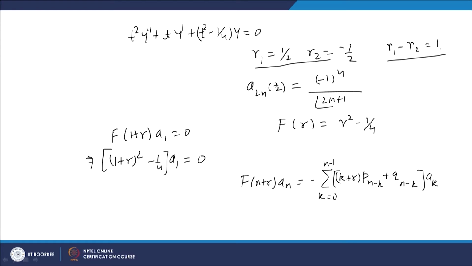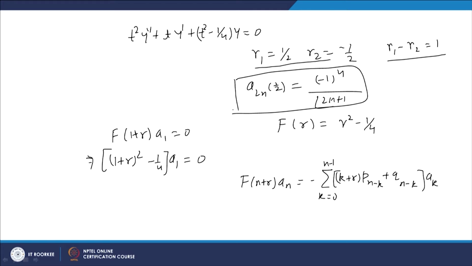So, this case falls in the category where the roots of the indicial equation differ by an integer. We also calculated the coefficient corresponding to r1 equal to 1/2, that is a_{2n} equal to (minus 1) to power n divided by factorial (2n plus 1).